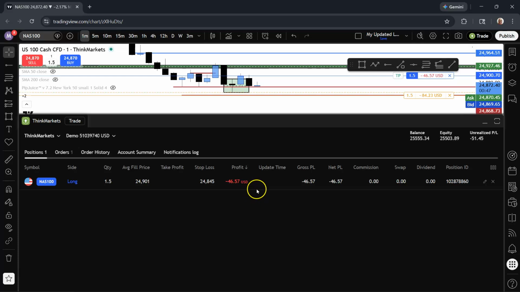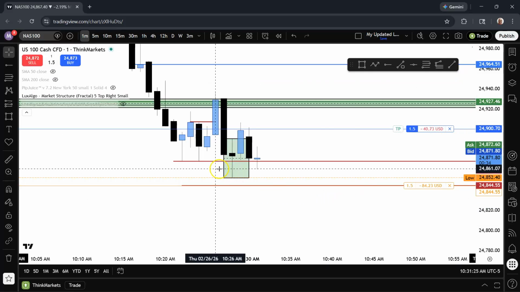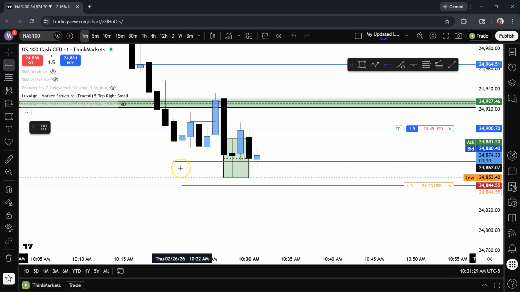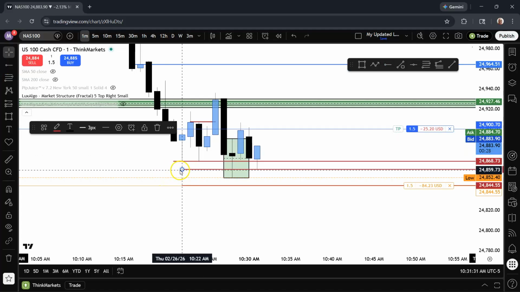If it goes any lower, I'll probably just close it out. I'm not going to let it hit my stop, it's too low. So it's hovering around here.